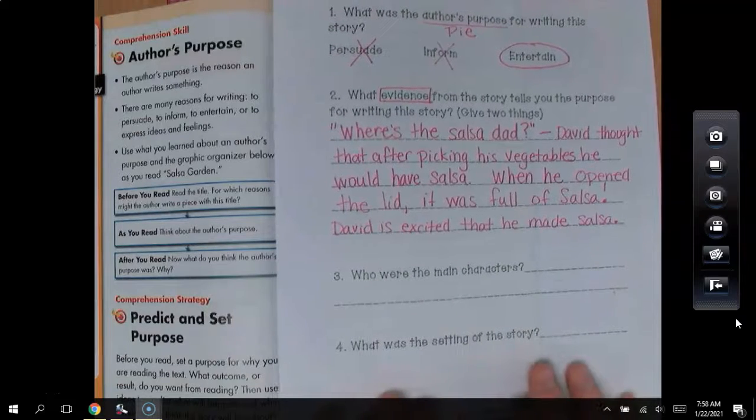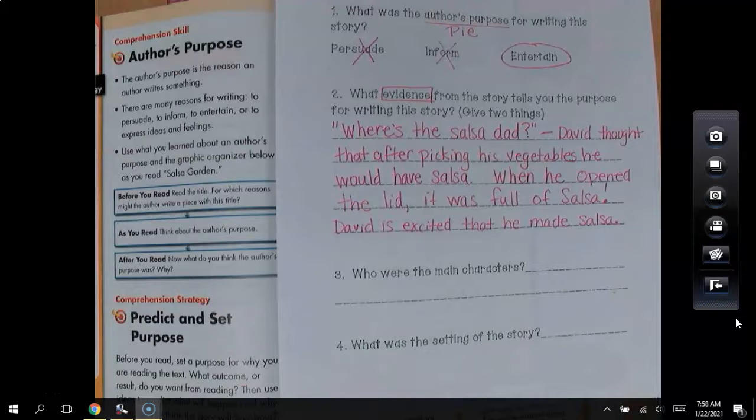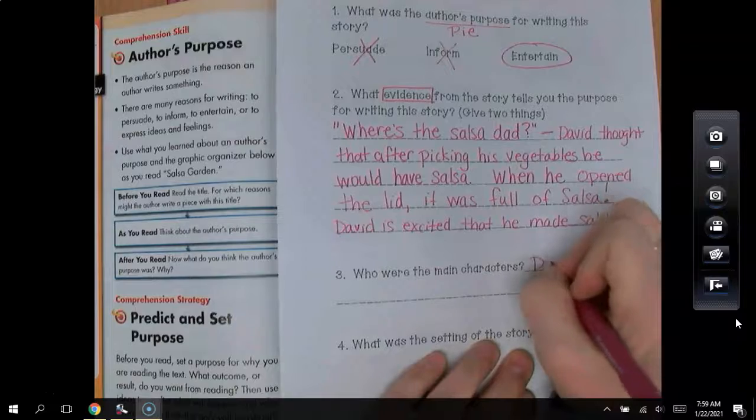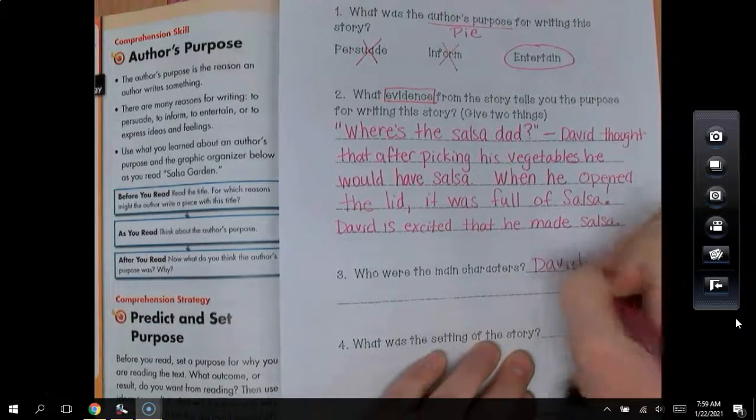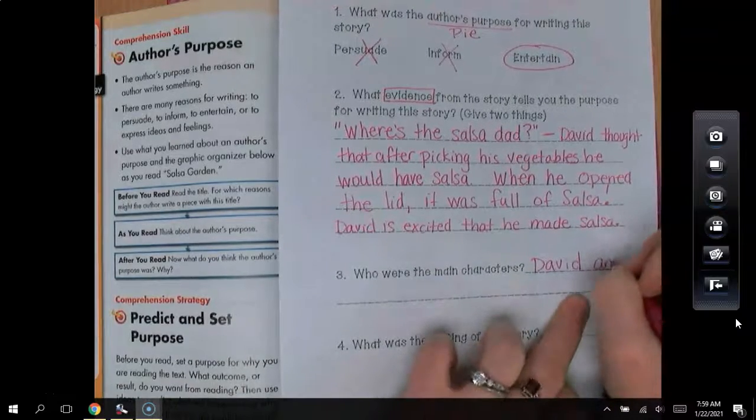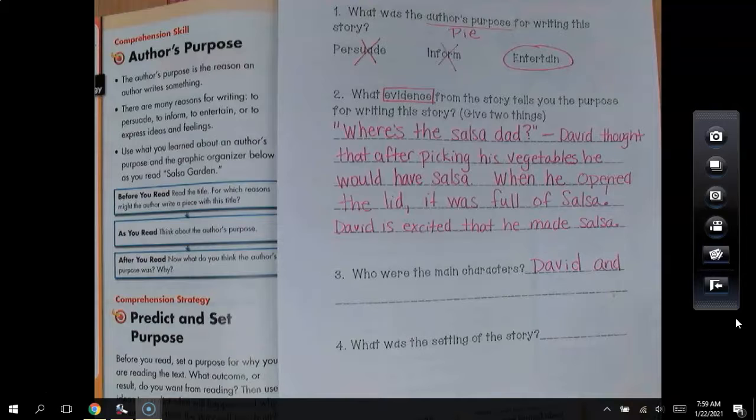Okay, when you have that finished, go ahead and look at number 3. Who were the main characters? Well, who were the main characters in our story? I know that we talked about 2 of them. We read about 2 of them. Good, we have David. And who else? Did they give another name? They did not give another name.